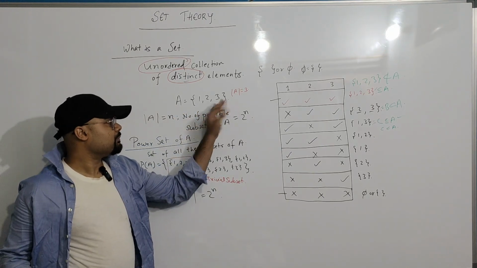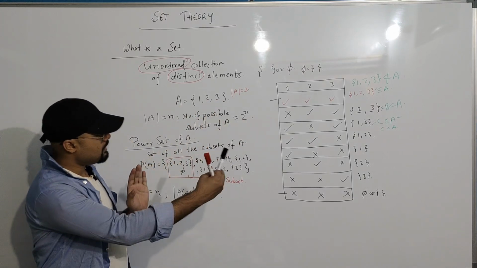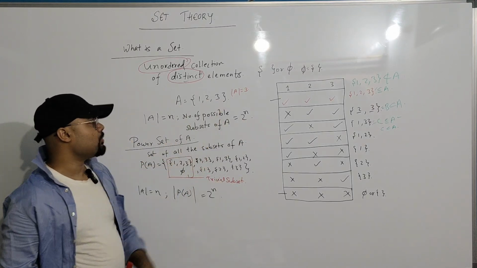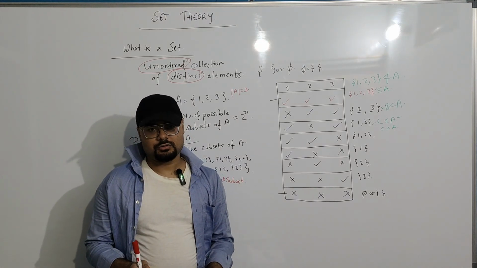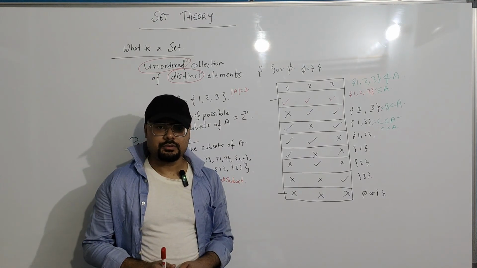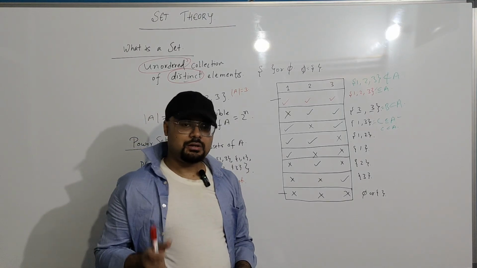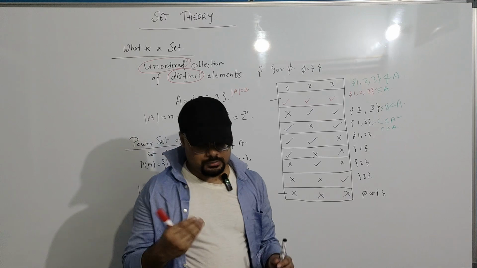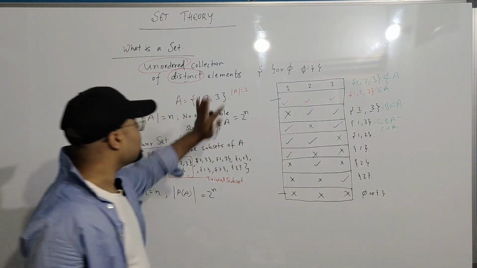Now you can say that this is one of the representations of a set. One way to represent a set is with curly braces that encompass all the elements, separated by commas. There's another representation of a set. You can represent a set using a statement in English, that is called set builder notation. That statement itself encompasses all the possible elements. For example, in this case, A is equal to 1, 2, 3.